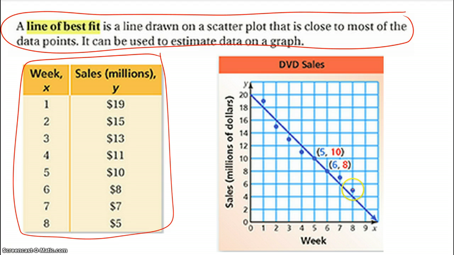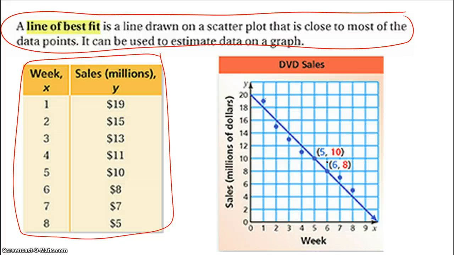Again, we don't want to hit every single point. We don't want to hit just the top one and just the bottom one. Pretend that these are all mini magnets, and we're trying to balance that line between all of them the best we can. Now this is going to be tricky to check your answers with the person next to you and for me to grade because we're all going to be a tiny bit different, but we should be close.